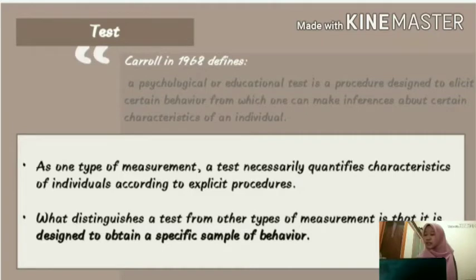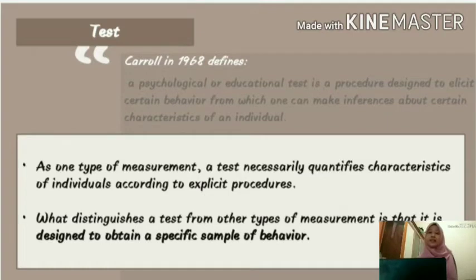So the next is about tests. Carroll in 1968 defines that a psychological or educational test is a procedure designed to elicit certain behavior from which one can make inferences about certain characteristics of an individual.